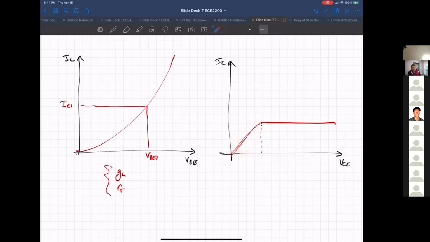So in a lot of the practice problems, we're just calculating VCE to make sure it doesn't dip too low, so you stay in forward active mode. Now, if you have the early effect to contend with, then you also need to figure out VCE to see how it changes your I sub C compared to what you expect. Does that make sense?